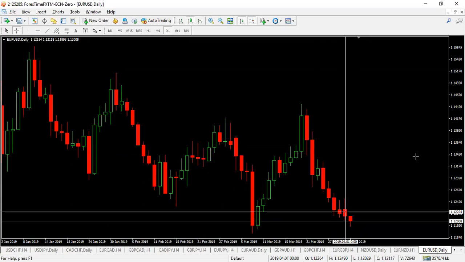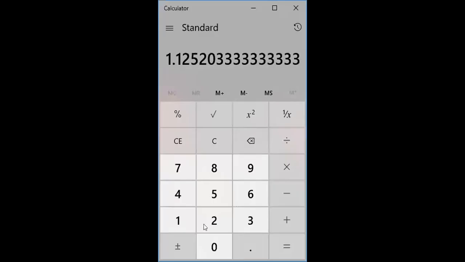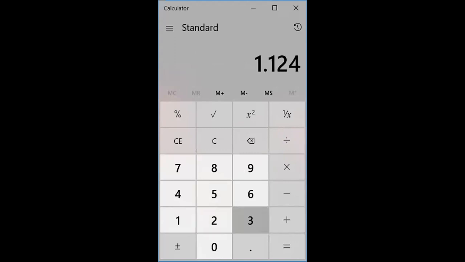Back to the calculator: 1.12490 plus 1.12029 plus 1.12117. Then you divide by 3.